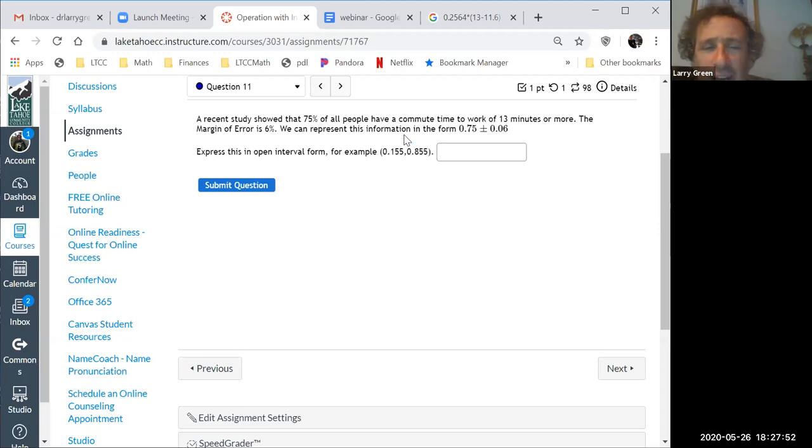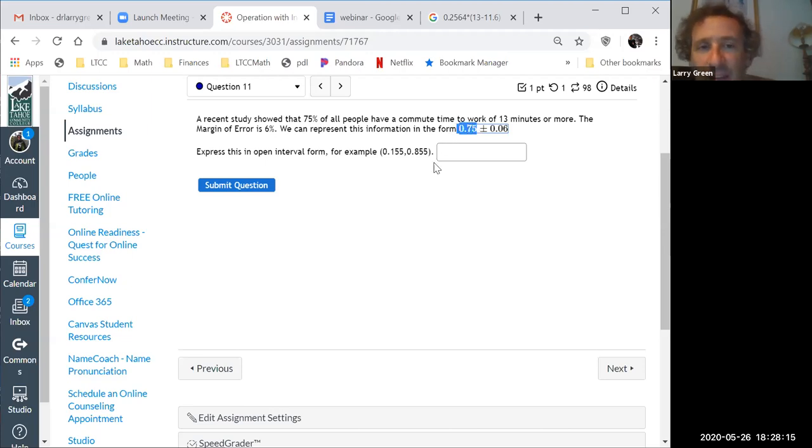And the way you get a confidence interval is you take a sample, and then you use the sample mean, or the sample proportion in this case, because, no, sorry, this is sample mean. Use the sample mean as your best estimate for the population mean.